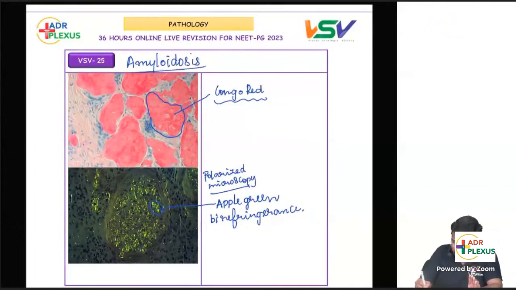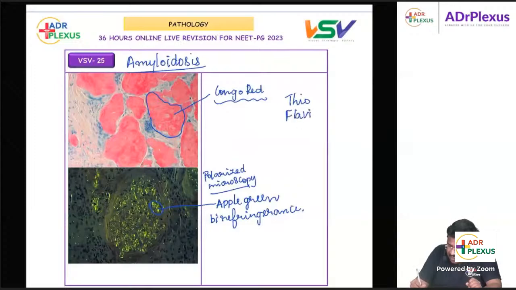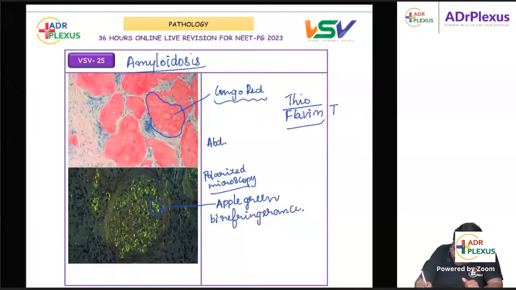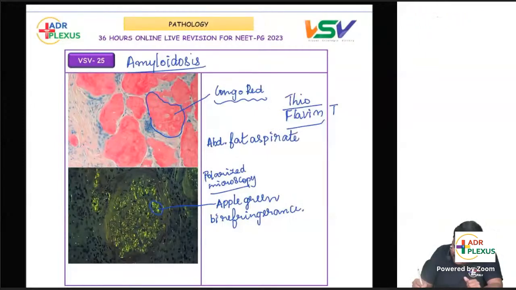Congo red. What is the other stain for amyloid, you know? Thioflavin T is also for amyloid. Which is the most common site for taking a biopsy or demonstrating amyloid? It is abdominal fat aspirate, the most common site for demonstrating amyloid.